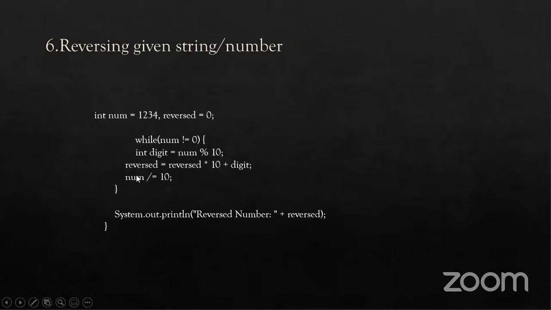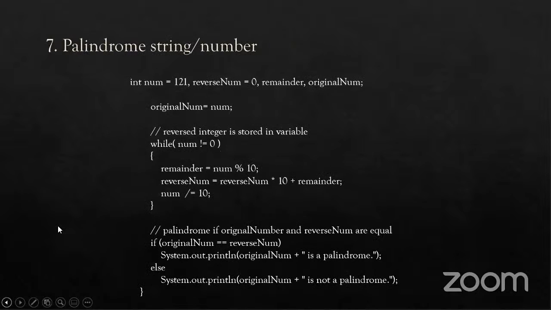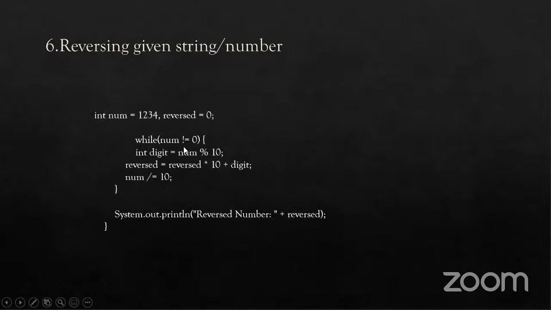So finally num becomes 0, right? Again in the loop the condition num not equal to 0 is checked. No, it is 0, so the loop will exit and we can print the reverse. Inside reverse we have 4, 3, 2, 1.